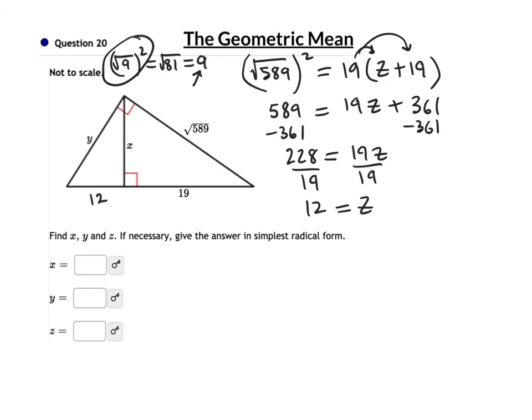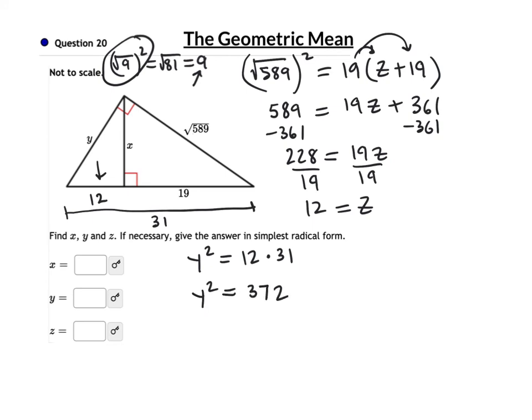Now we can find y. The leg squared equals the piece on its side, 12, times the whole hypotenuse of the big triangle. 12 plus 19 is 31. 12 times 31 is 372. Look up above here and we can figure out a perfect square. 31 is prime, there's nothing there, but 12 has a 4 in it. It's 4 times 3.